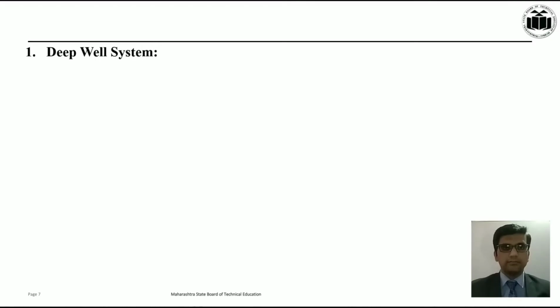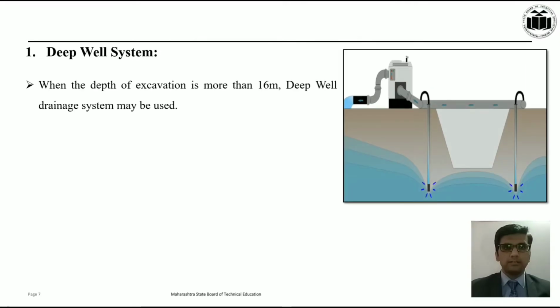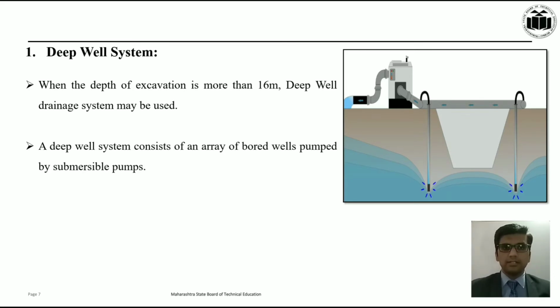Let us see the first method of dewatering, that is deep well system. When the depth of excavation is more than 16 meters, a deep well drainage system may be used. A deep well system consists of an array of bore wells pumped by submersible pumps.